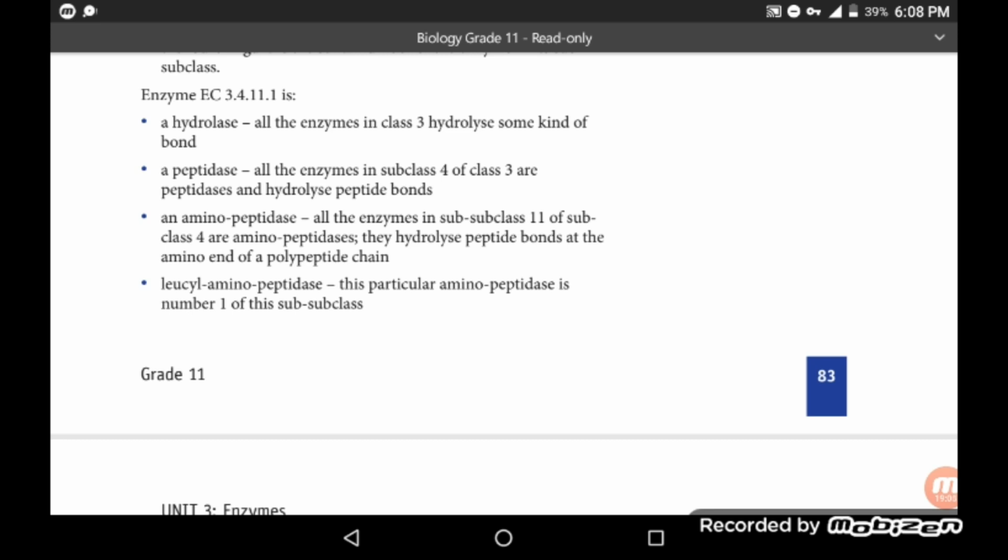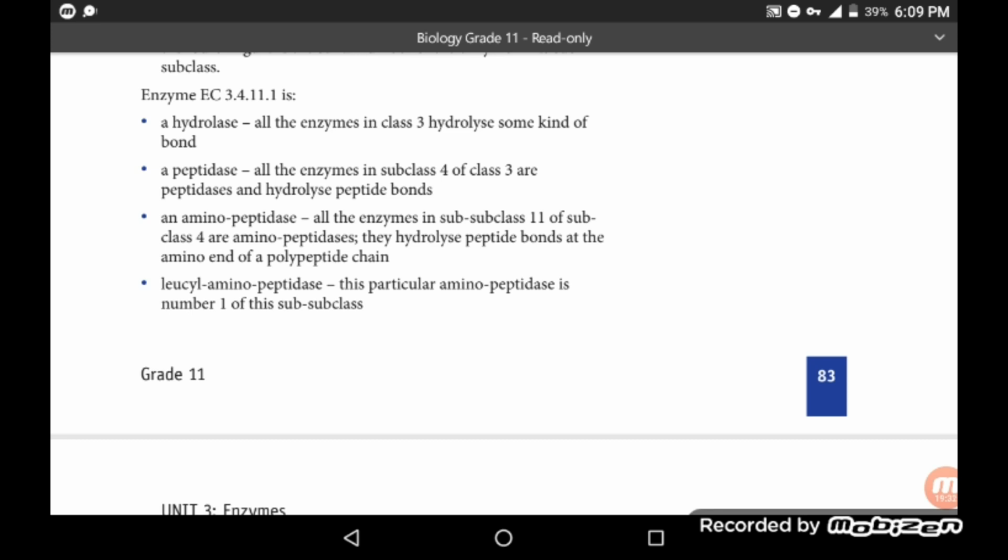All the enzymes in class 3 hydrolyze some kind of bond. Hydrolases involve hydrolysis of a substrate, right? And number 4 is peptidase.